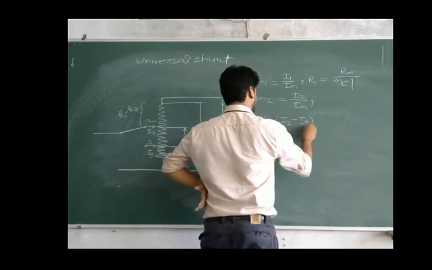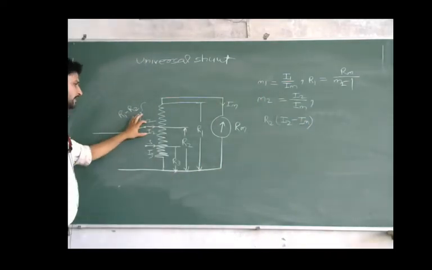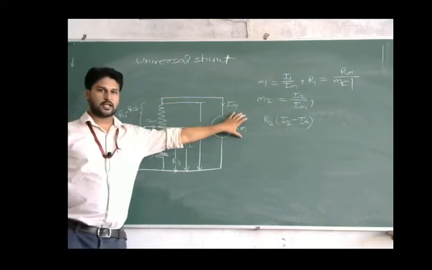The total current is I2, some of the current passes through this ammeter.